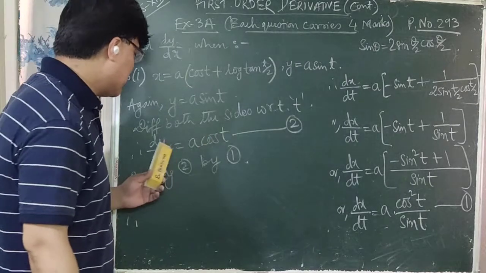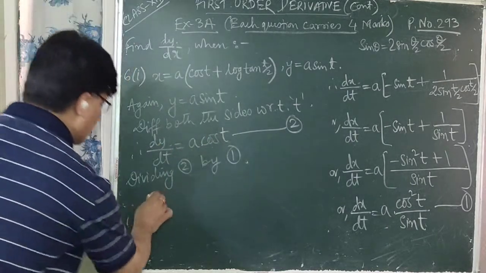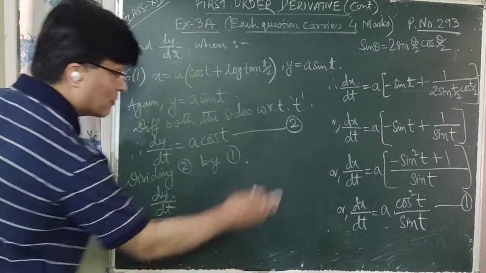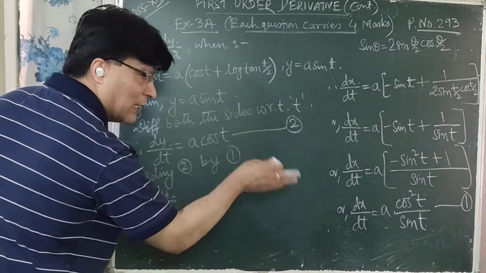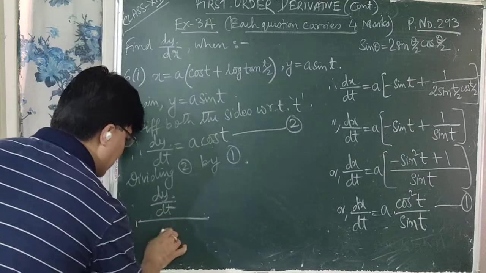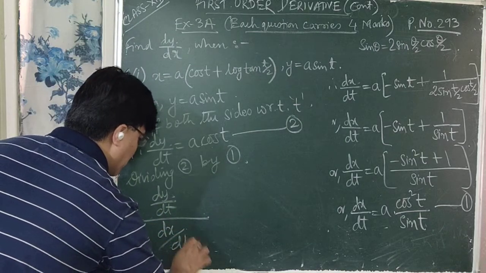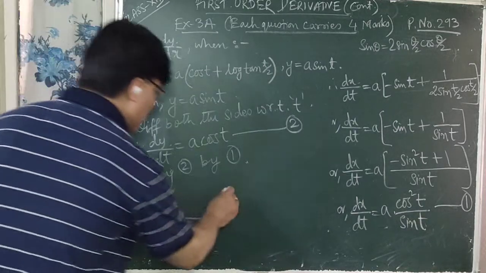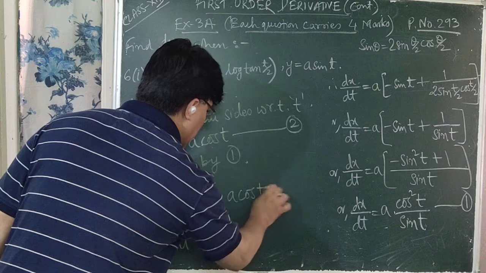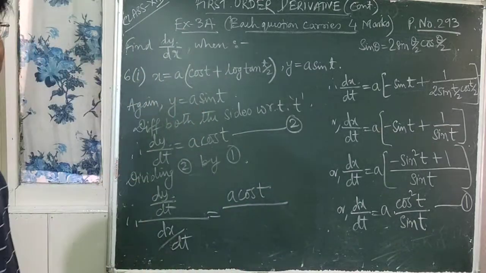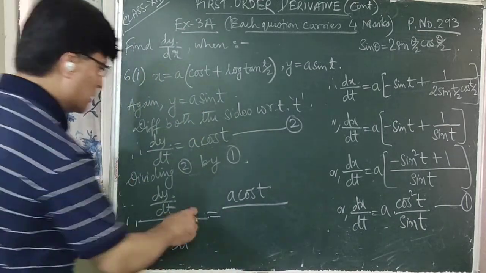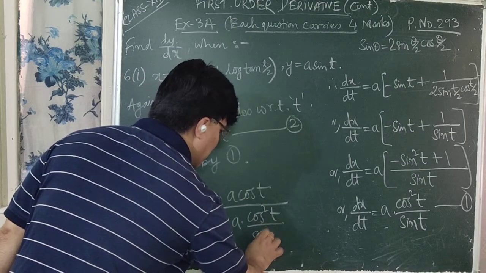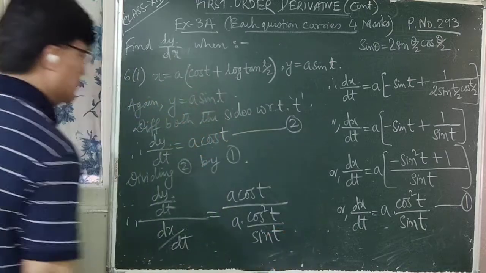Write down the left hand side of number 2 in the numerator, that is dy/dt, divided by the left hand side of number 1 in the denominator, that is dx/dt, is equal to, again you have to write down the right hand side of number 2 in the numerator, a cos t, divided by the right hand side of number 1 in the denominator, a into cos square t divided by sin t.